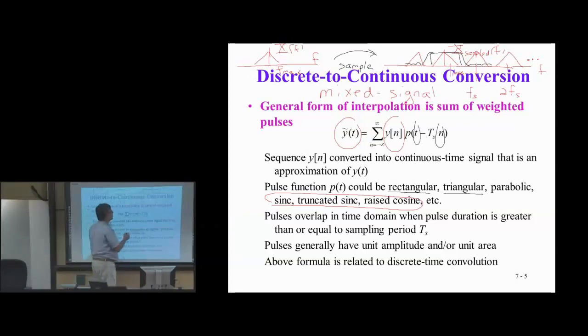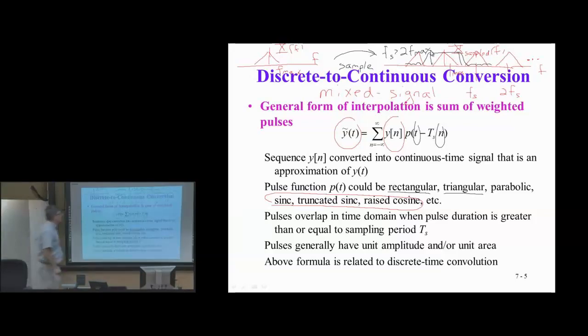So let me rephrase that. If I obey the sampling theorem, that the sampling rate is greater than 2F max, in this ideal case, I don't have any aliasing because I have an ideally band-limited signal. When I reconstruct with an ideal low-pass filter, I also don't have any distortion. I have exactly what I started with.